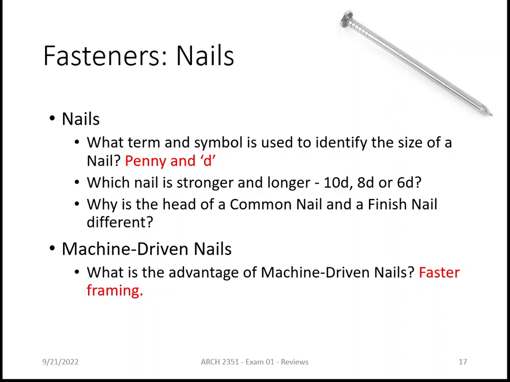A finished nail has a very small head, because you come back and you countersink those nails and you cover them up. That's why they're called finish nails, because they're used on the finish. Maybe on a subfascia or on a soffit, any kind of wood, or lap siding, they'll use a finish nail so they can sink that finish nail and cover it up.